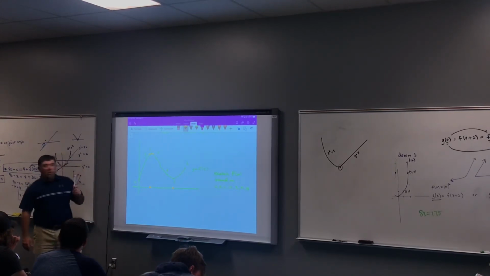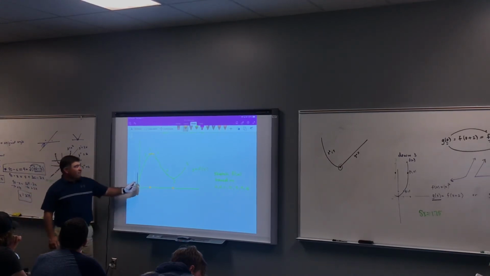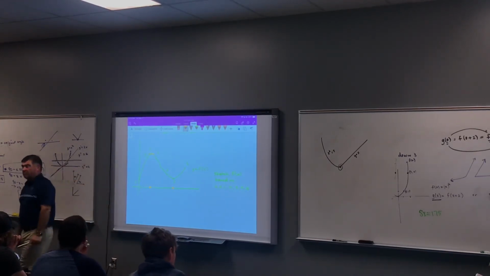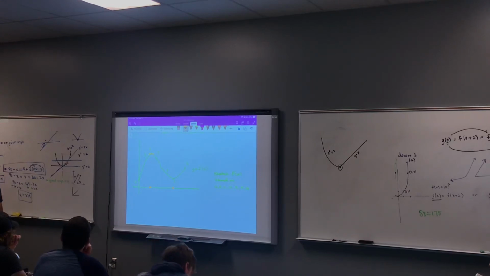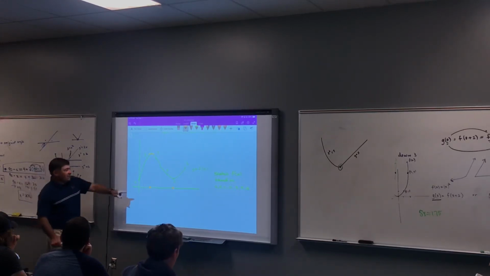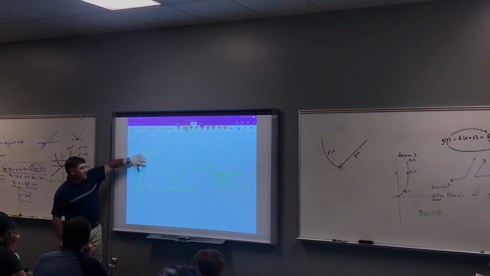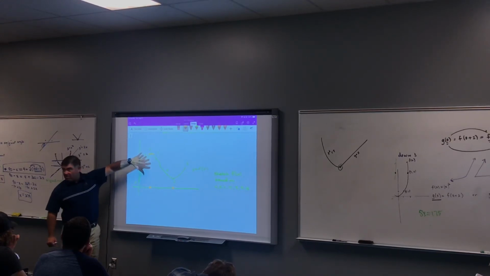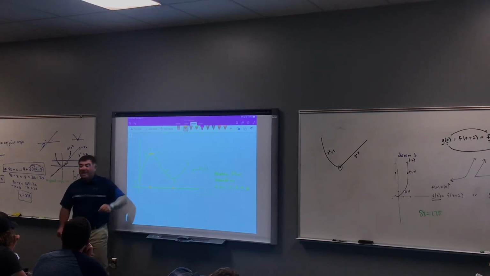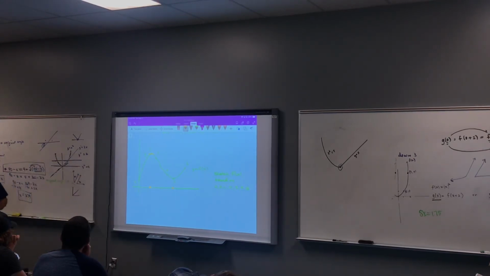Some other questions before I get to actual details. Tell me about the slopes of the tangents from A to C. Positive, right? That means that the derivative graph from A to C is above the x-axis. Tell me about the slopes of the tangents from C to F. Negative. The graph of the derivative is below the x-axis. A little bit of foreshadowing here.